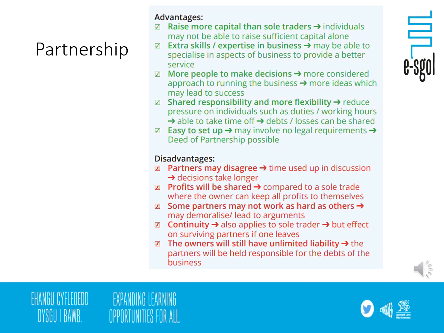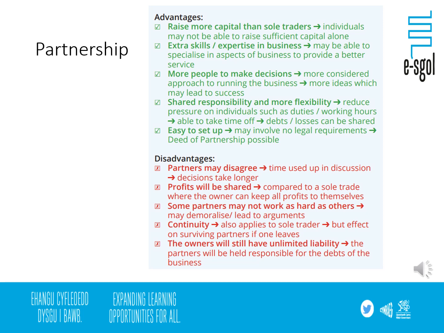Now, disadvantages though: the partners might disagree, and this can be time consuming if you're not on the same page. Profits are going to be shared, so you're not going to be able to just keep the profits yourself. They'll have to be shared out between however many partners there are. Some partners might not work as hard as others, which is going to cause tension within the partnership.